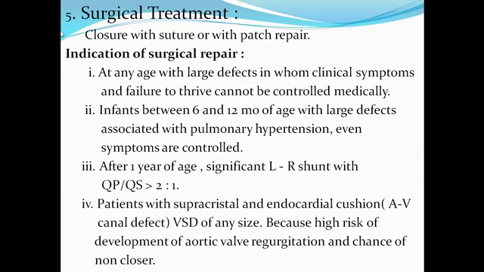Infants between 6 and 12 months of age with large defects associated with pulmonary hypertension, even if symptoms are controlled. Infants 6 to 12 months of age having large VSD with pulmonary hypertension, even if symptoms are controlled, this will be an indication of surgical repair.